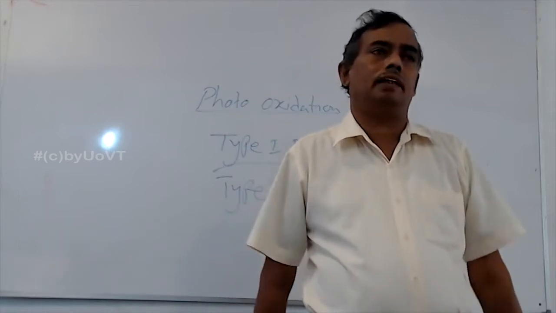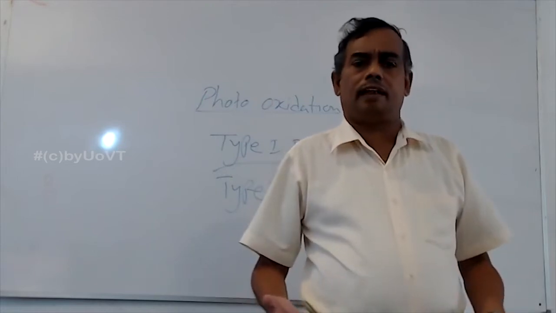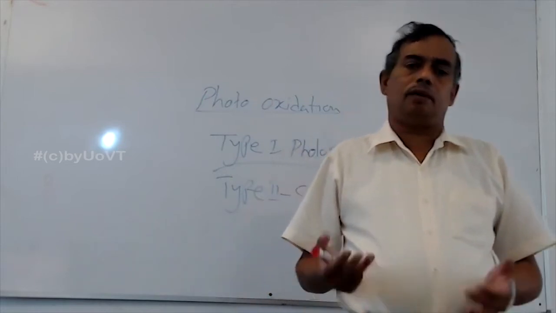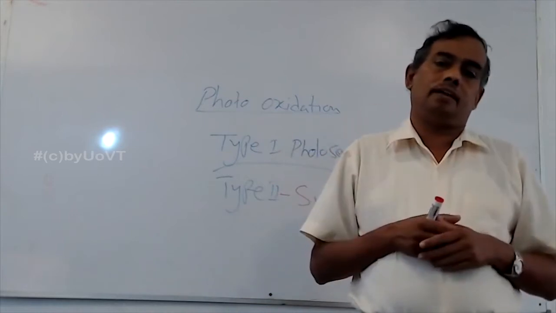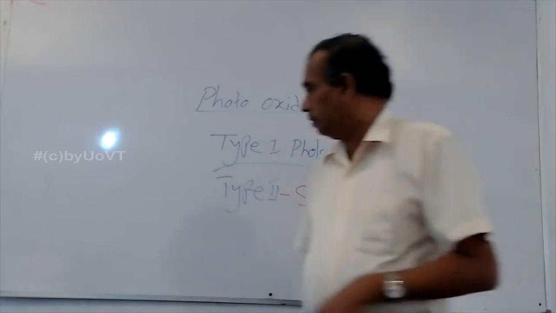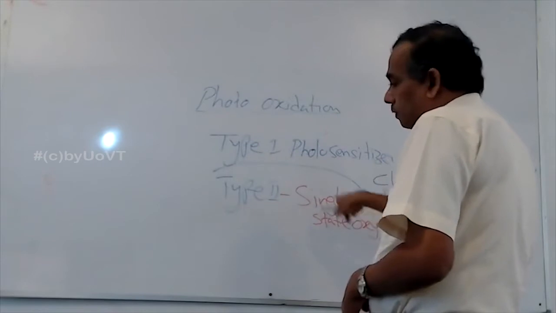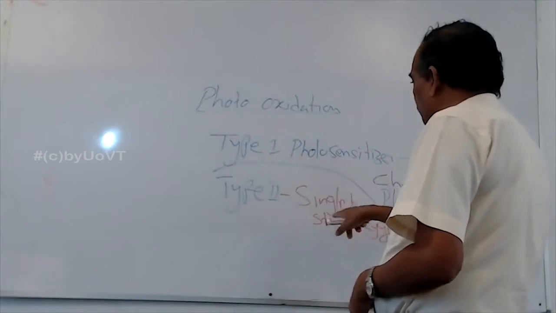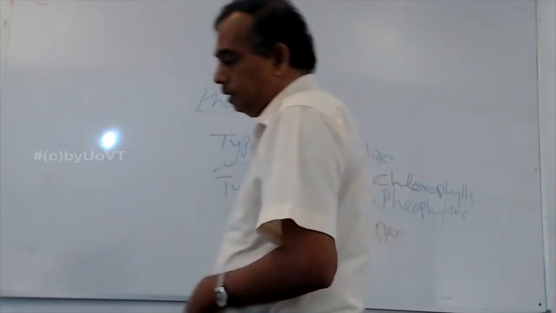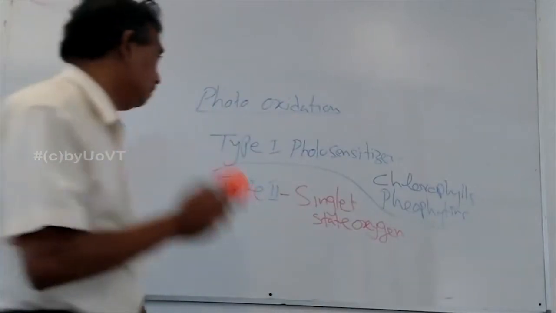If anyone asks what the difference is between the singlet state and other states of oxygen, you have to have a very brief idea, because that is a very important thing. I temporarily stop the photooxidation at this position. Now, from here, I am going to explain what the singlet state is.